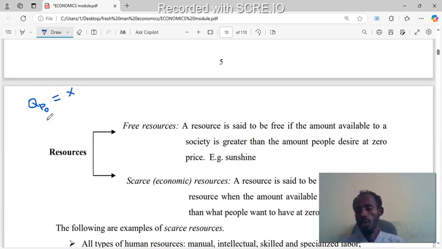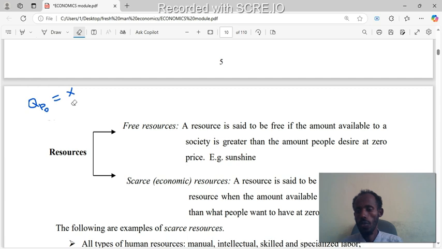Let's say people want X amount of the commodity at zero price.